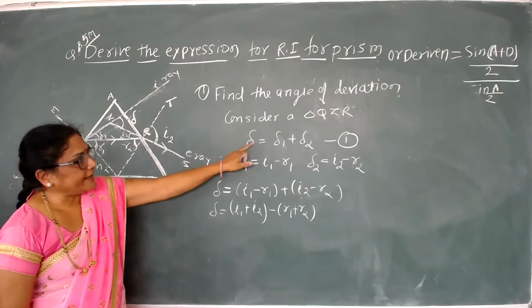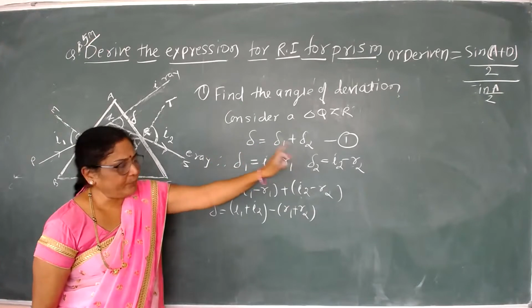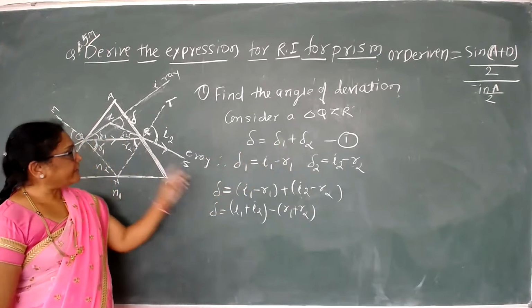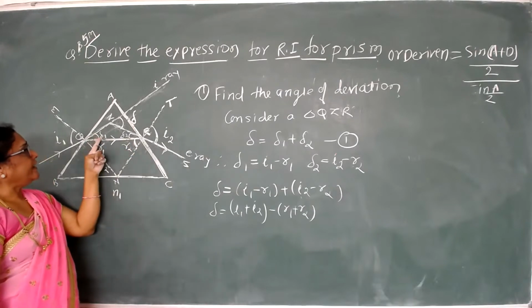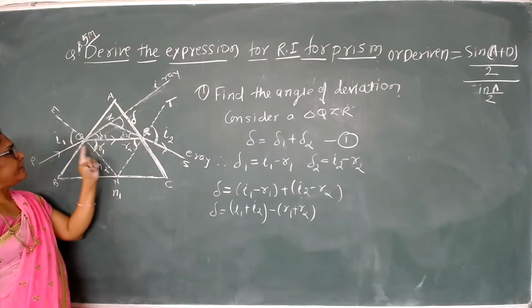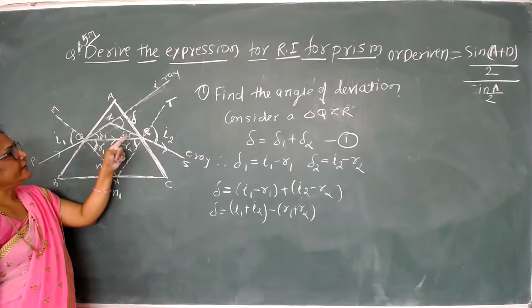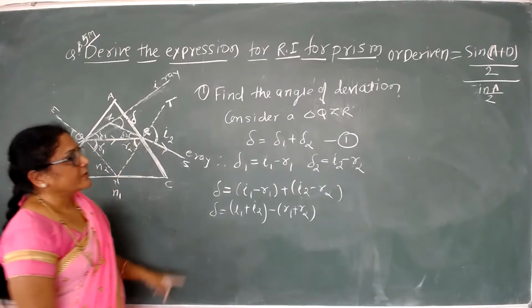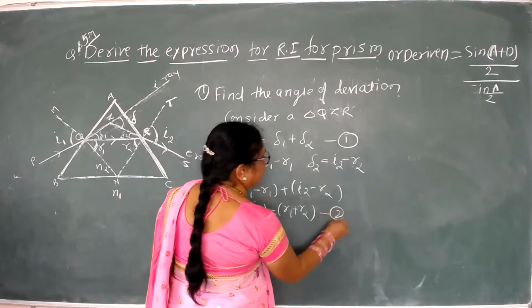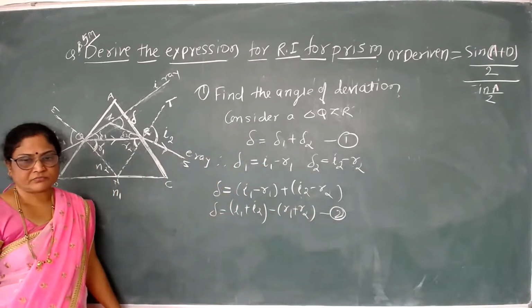First, delta is equal to delta 1 plus delta 2. Then second, delta 1 is equal to I1 minus R1 and delta 2 is equal to I2 minus R2. So we substitute here. Suppose this is equation number 2.